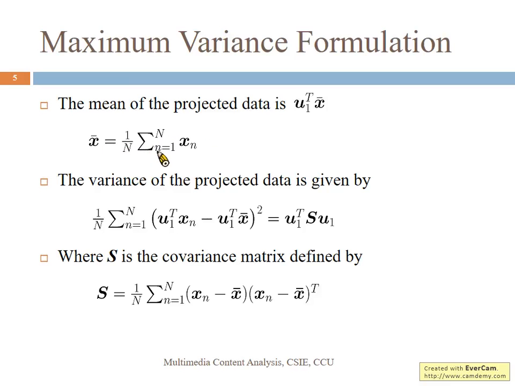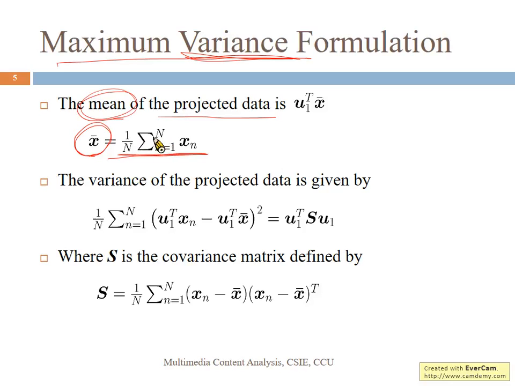Because we want to maximize the variance of the projected low dimensional data points, we need to take the mean of the projected data. Here we first calculate the mean vector of the original data points, which is the summation of all data points divided by n.